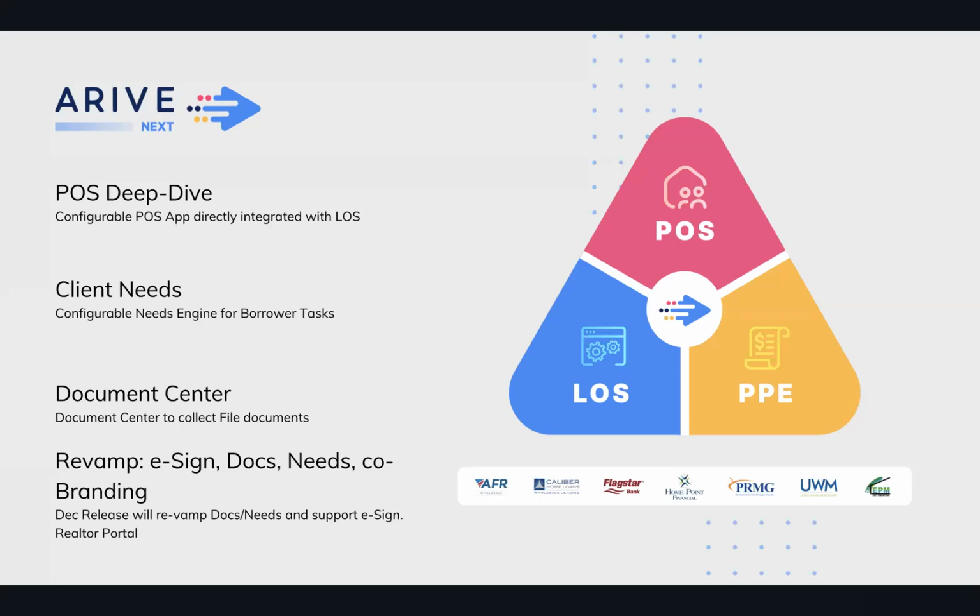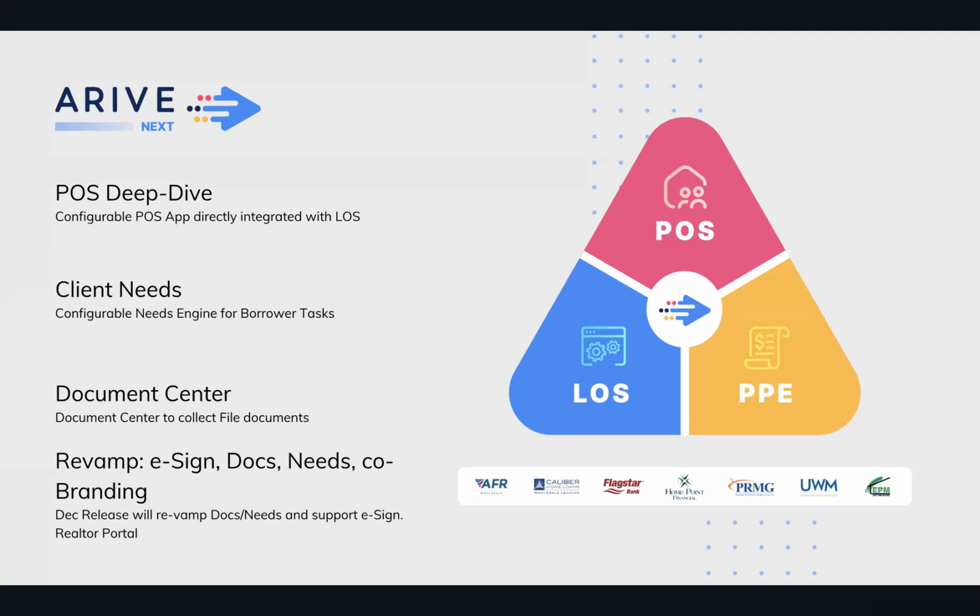You'll be able to generate a document from the document center and, with one click, send it to your loan participants and borrowers for e-sign, and they will get a task to sign the document. They can come to POS, sign it, and send it back. Hopefully that brings a lot of efficiencies and saves you a lot of time. That is well on track for release early next month.